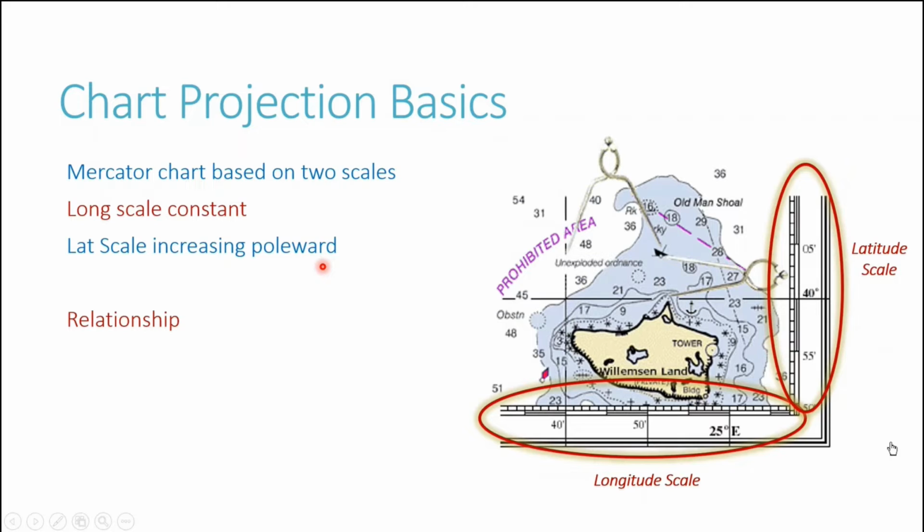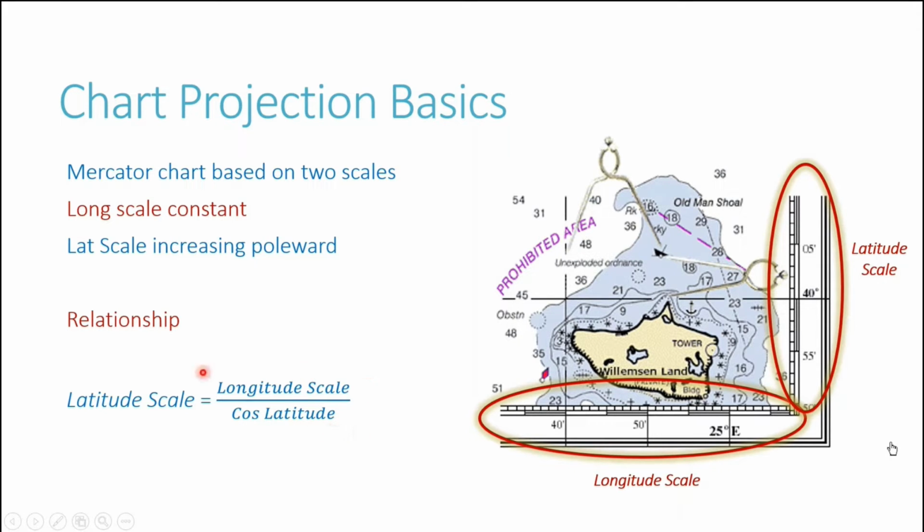Now we have a relationship between these two scales, that is the latitude scale and longitude scale. The Mercator projection is based on this relationship. So this relationship is: latitude scale is equal to longitude scale divided by cos of latitude.